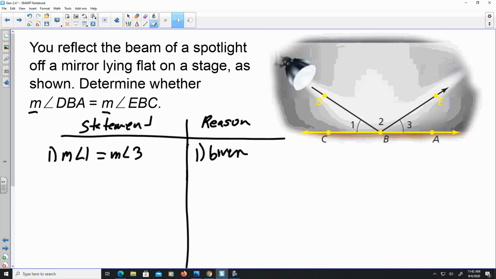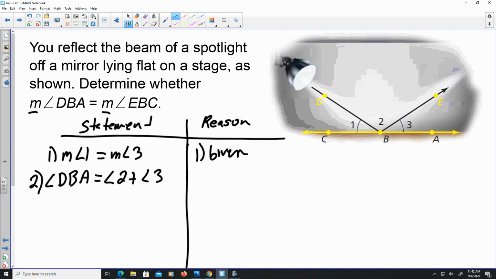So looking at one angle at a time, let's take a look at DBA. For step 2, you could use EBA if you wanted to. The angle DBA is going to be equal to the measurement of angle 2 plus the measurement of angle 3.